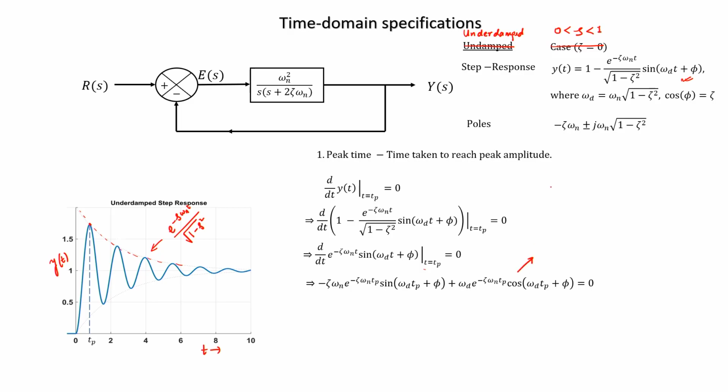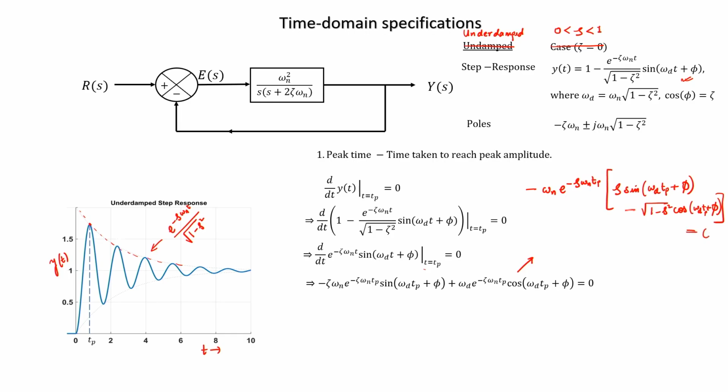This is minus omega n e to the power of minus zeta omega n Tp, and inside you will have zeta sine of omega d Tp plus phi minus, what will this be? This will be root over of 1 minus zeta square cos of omega d Tp plus phi. This is what it will be.